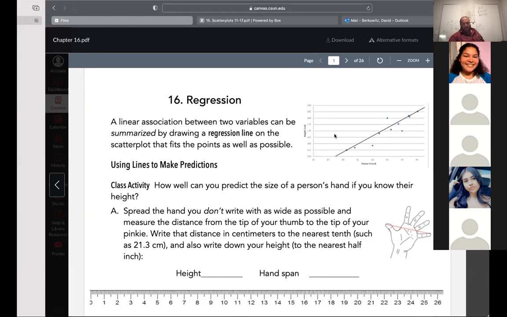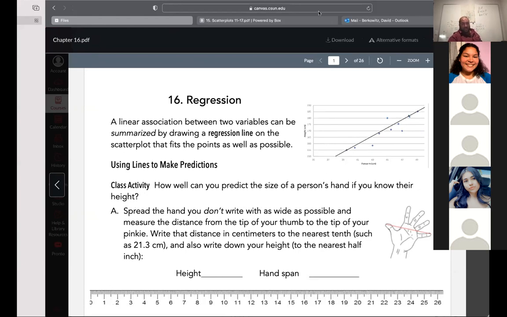When you have a scatter plot and you believe that the scatter plot represents a linear relationship, the next thing we want to do is create a line that goes through our data that best fits the data.